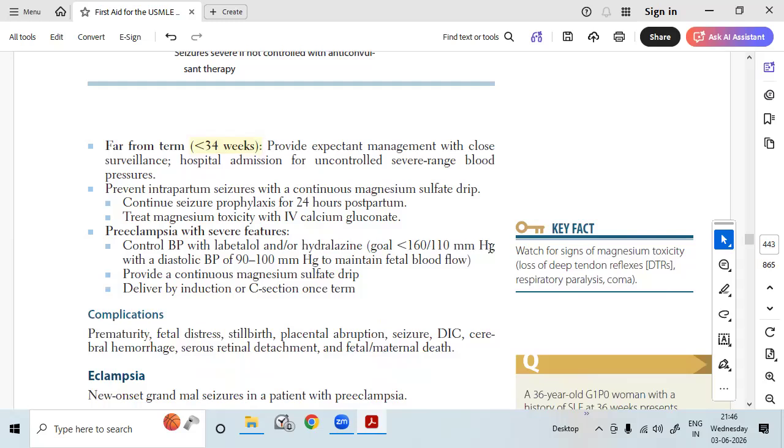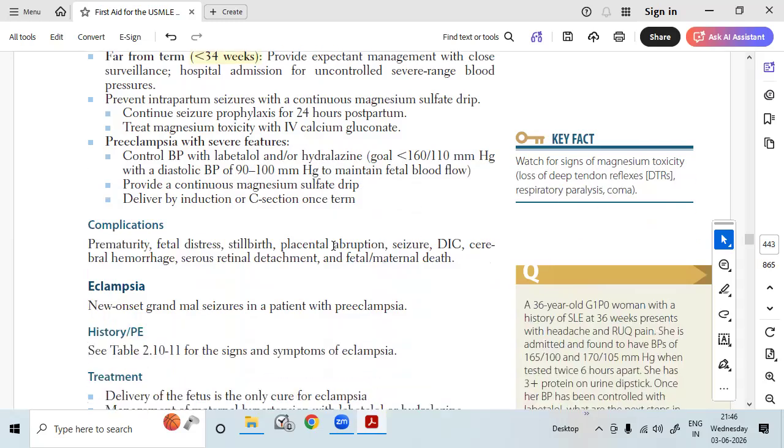Goal is less than 160 systolic with a diastolic blood pressure of 90 millimeters of mercury to maintain fetal blood flow. Provide a continuous magnesium sulfate drip. Deliver by induction or C-section once at term. Watch for signs of magnesium toxicity: loss of deep tendon reflexes, respiratory paralysis, or coma.